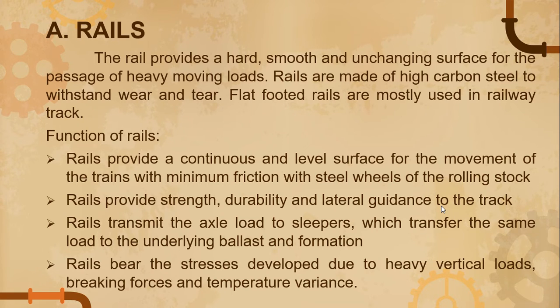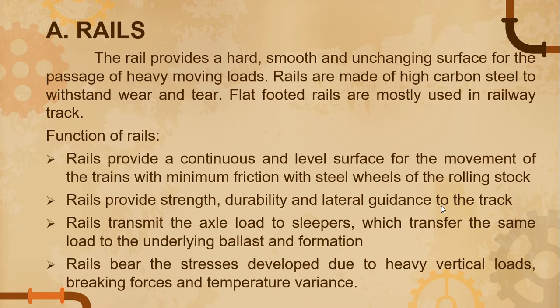So, from the different functions, we can deduce that one of the most important functions ng rails is to bear the loads, because as the train moves in a railway track, syempre mabigat yung dala-dala niya and malaki yung force na kailangan withstand, and yung rail yung responsible to withstand those wear and tear forces.